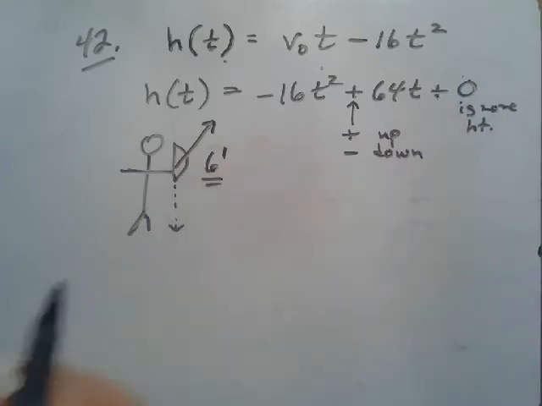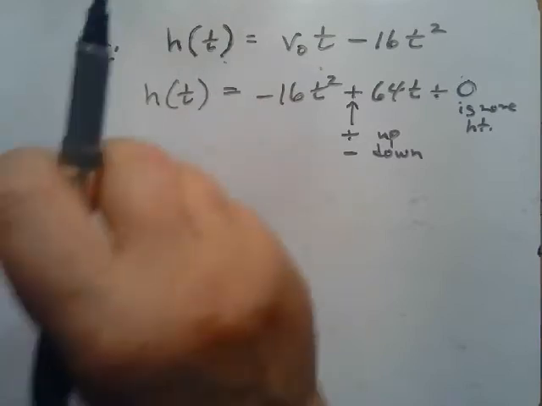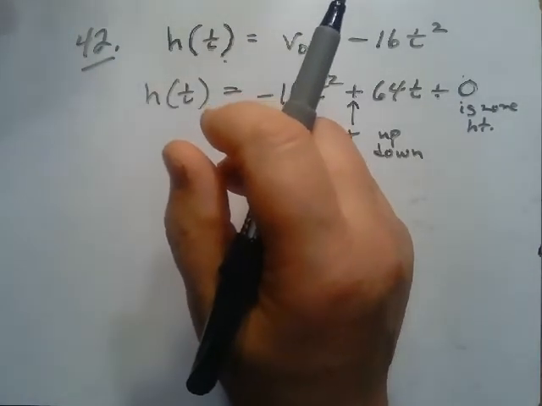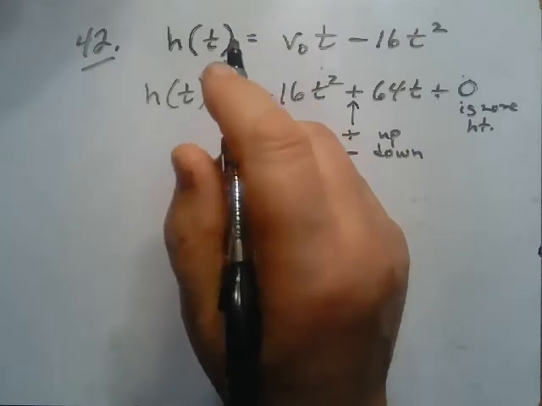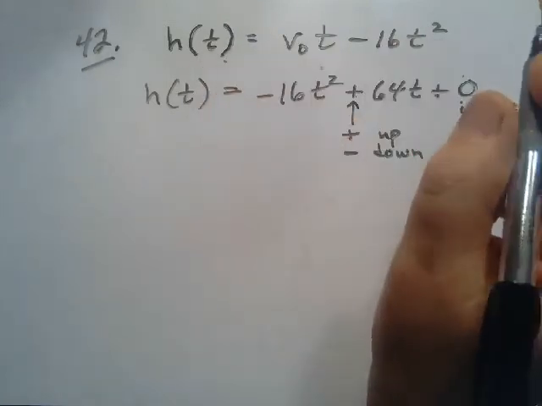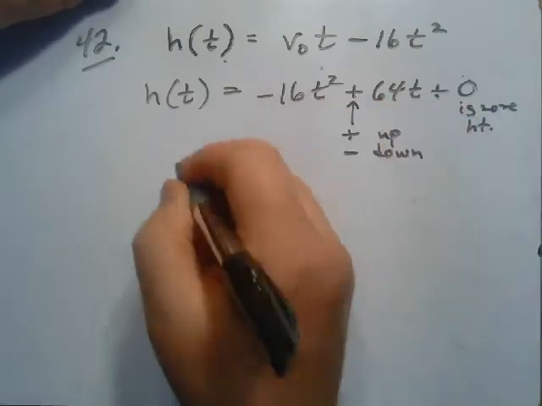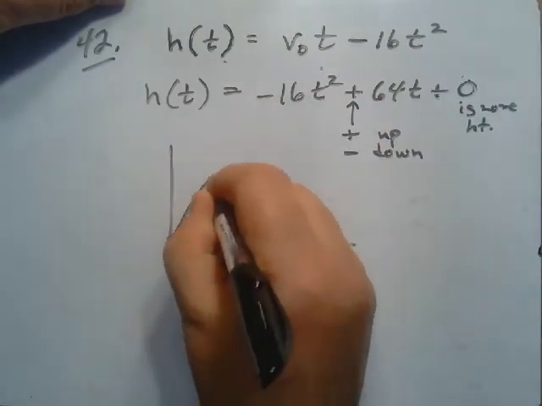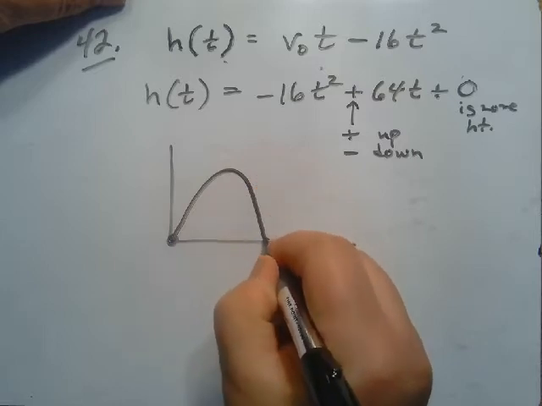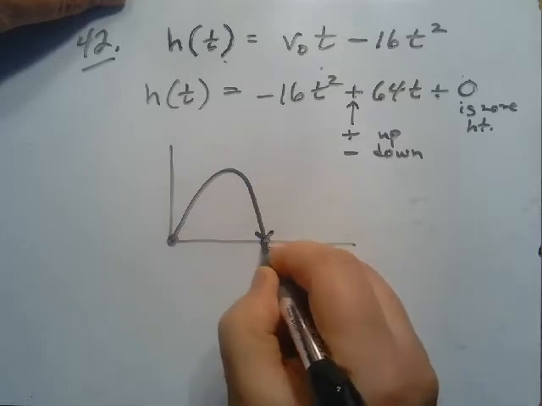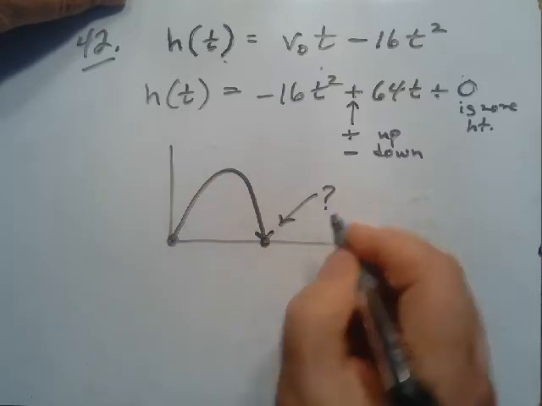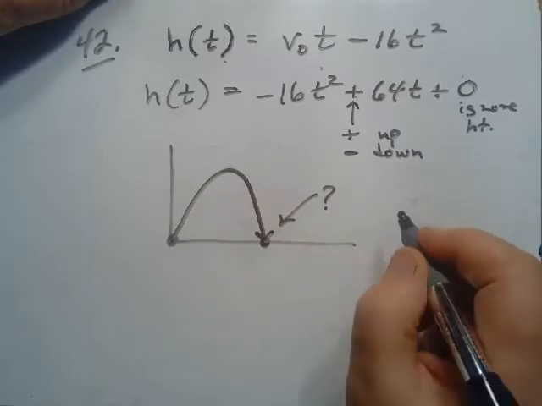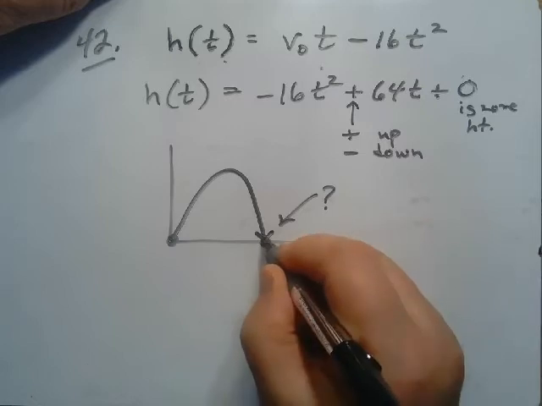Okay? Now, the question is asking us, how long after the arrow is released does it hit the ground? Well, if we think about what's going on here, we're ignoring the height of the archer, he shoots it off in the air, and when does it come back to the ground? Our question is, where is that? Well, what that's asking for is the 0, or the root, or the x-intercept.